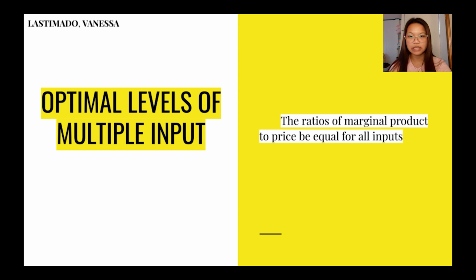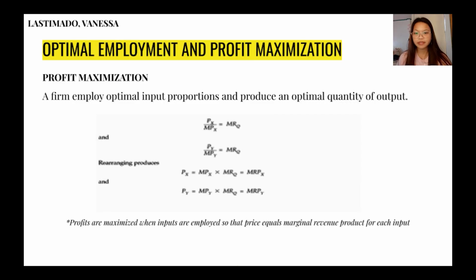Next slide, please. Profit maximization requires that a firm employ optimal input proportions and produce an optimal quantity of output. Cost minimization and optimal input proportions are necessary but not sufficient for profit maximization.